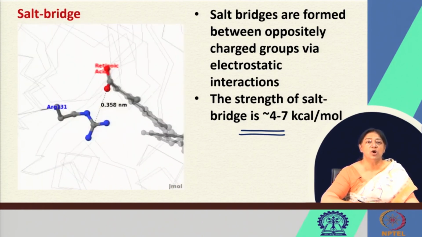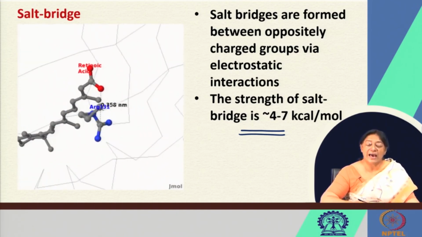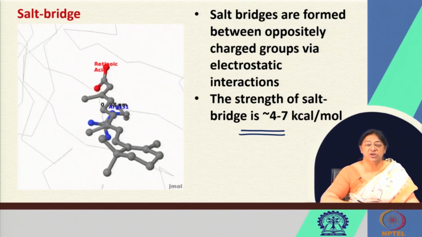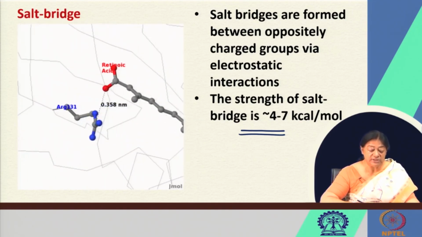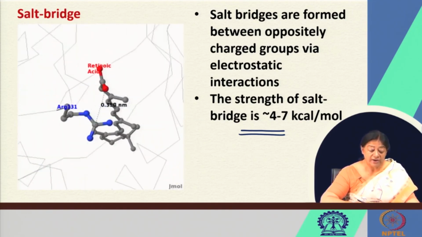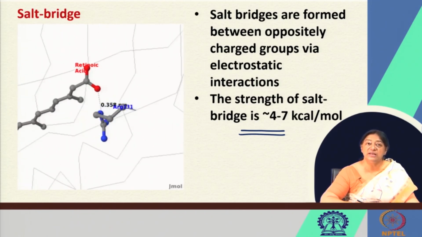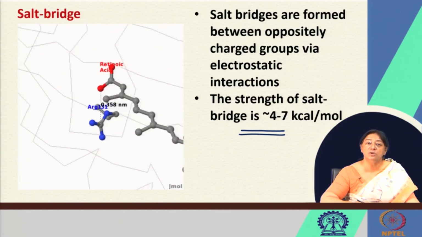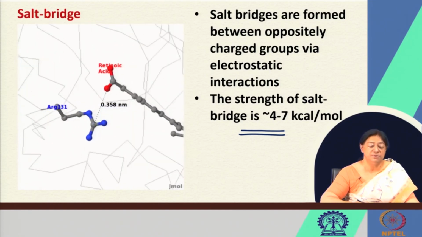Now, when we look at salt bridges, we look at a positive charge and a negative charge. In this case we have a protein that has an arginine residue and retinoic acid, which is a ligand, and we see the possibility of the formation of a salt bridge that brings about stability.